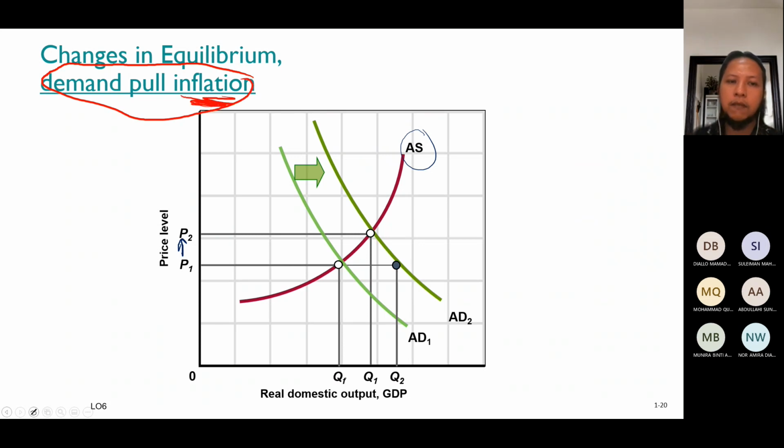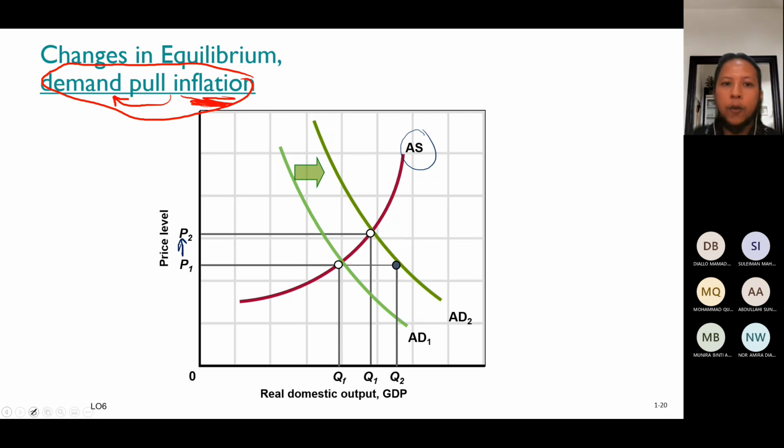But in this case, inflation happens because there is a shift in the aggregate demand. So you can imagine someone pulling the aggregate demand curve higher, pulling it to the right. So this happens when aggregate demand increases, but aggregate supply doesn't change.